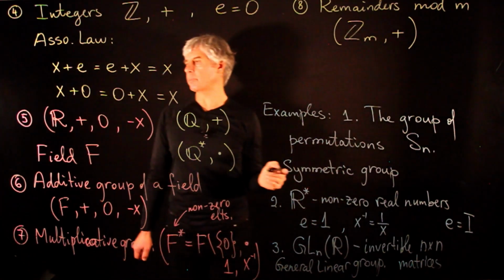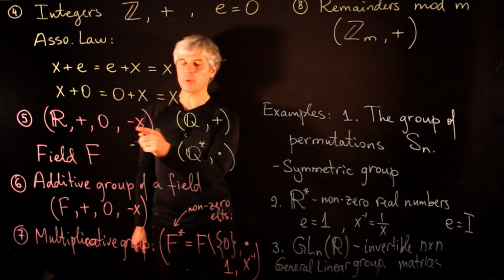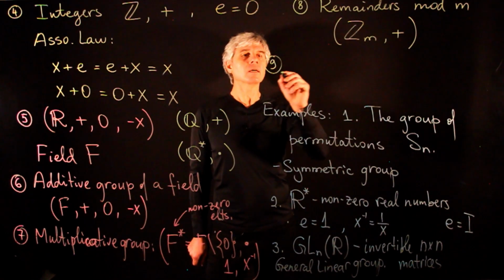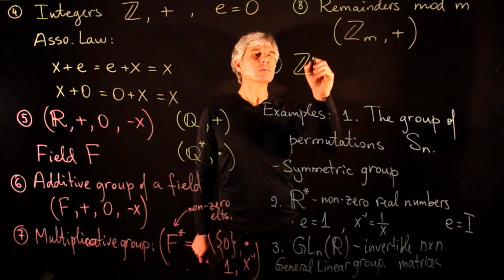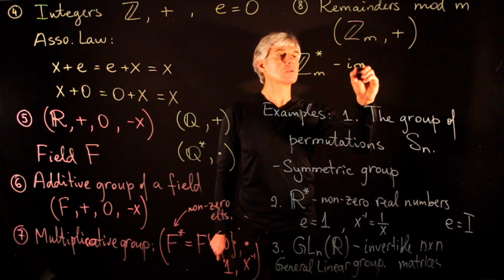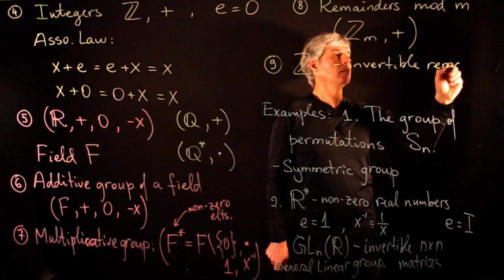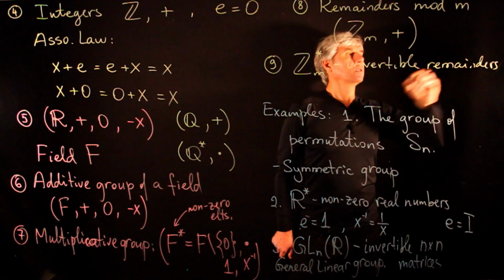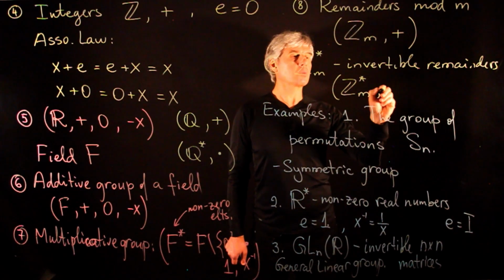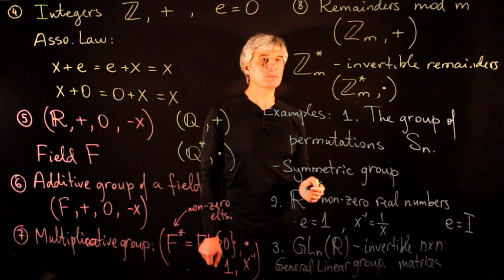So this will be a group with identity element being 0 and the operation minus x. But also we can take Zm star, which is invertible remainders, with the operation of multiplication, because the product of two invertible remainders is an invertible remainder.